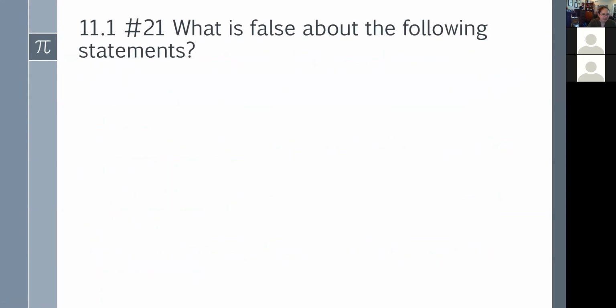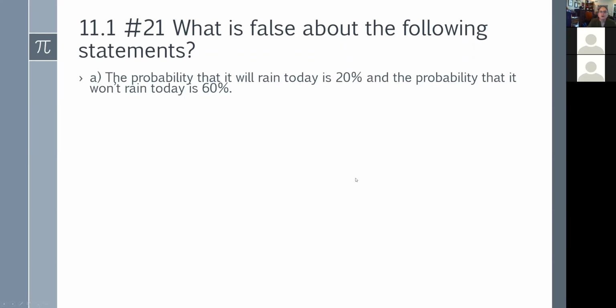Number 21 says, what is false about the following statements? Part A, the probability that it will rain today is 20%, and the probability that it won't rain today is 60%. Okay, the sample space is all the possible outcomes, which is it rains or it doesn't rain.